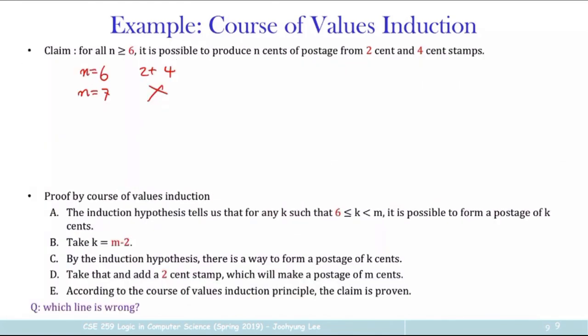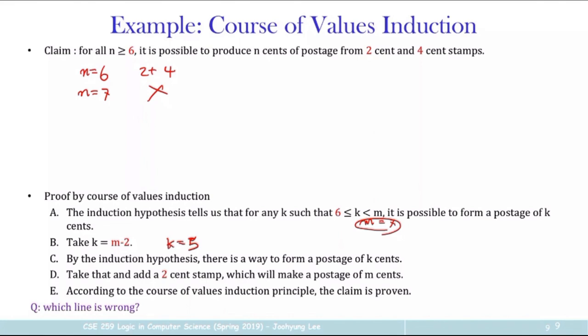Okay, let's look at this one. So we are looking at the m equals 7 case. Suppose m equals 7, okay? In part B, you're saying that k equals 5, right? If m equals 7, then k is 5.